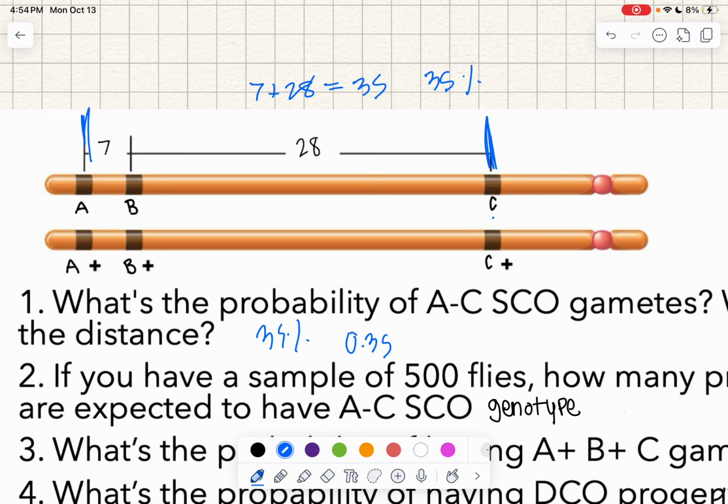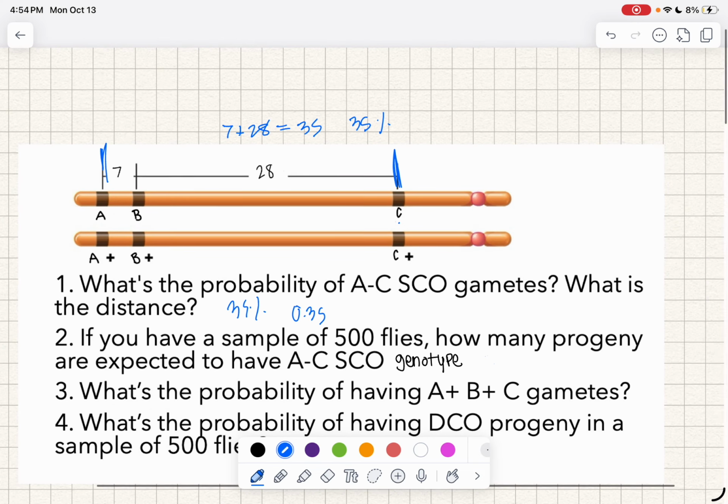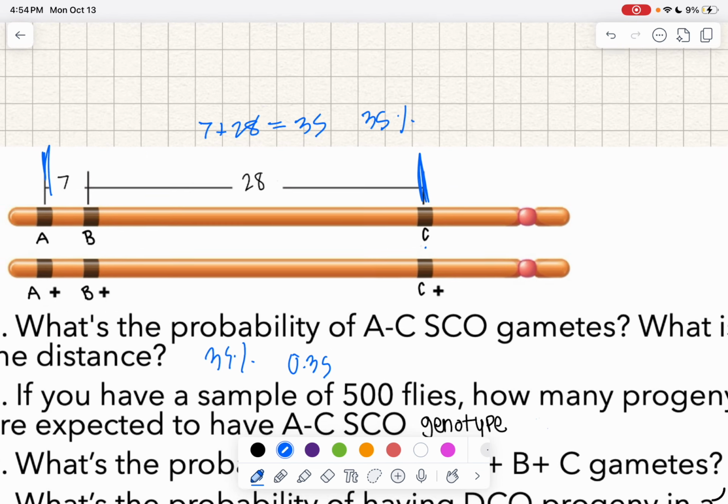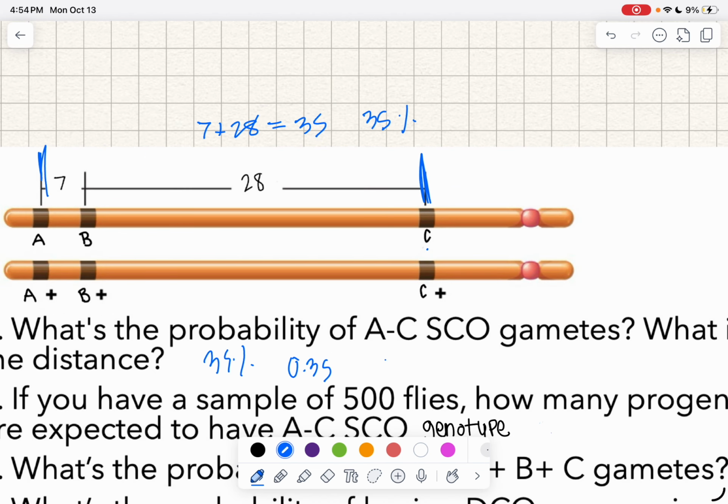Either one is acceptable. And now it's asking what's the distance. The distance between these genes is pretty synonymous with the probability. So the distance would be 35, and the unit is map units. I think there's also cM, but we'll just keep it as map units, okay?